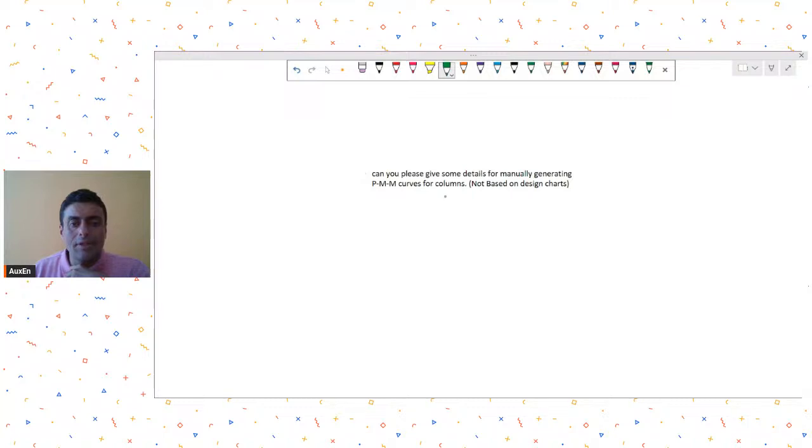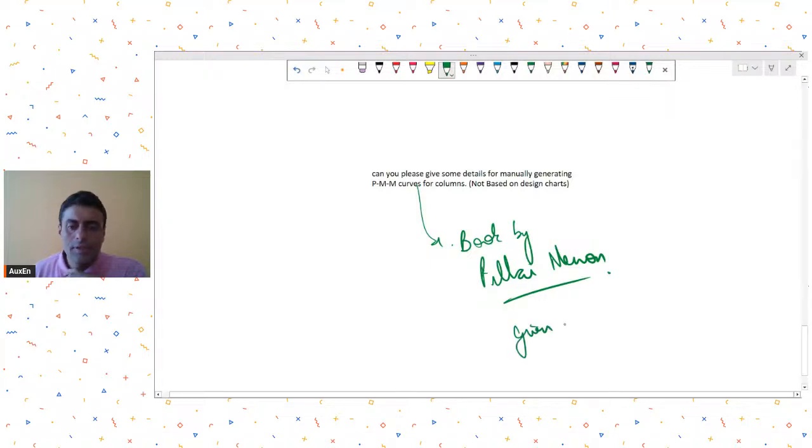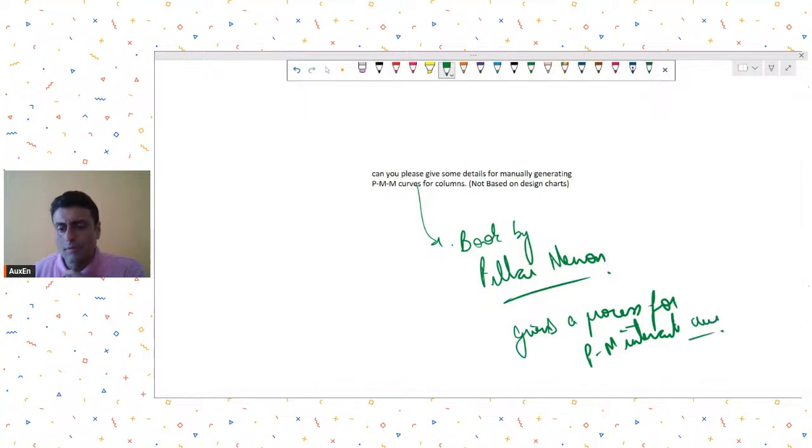Personally, I have never generated them myself, but you can refer to some books. One of the books I would refer is the book by Professor Pillai and Devdas Menon, Pillai Menon, that gives a process for construction of PMM diagrams, for PM interaction curve generation. I think it gives two processes.